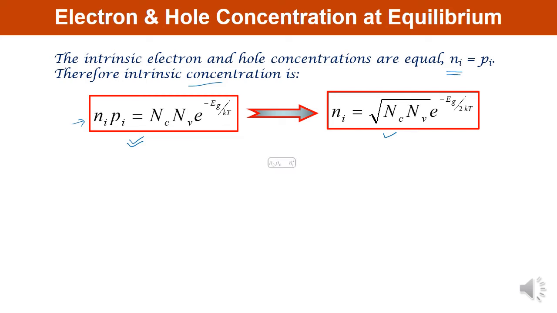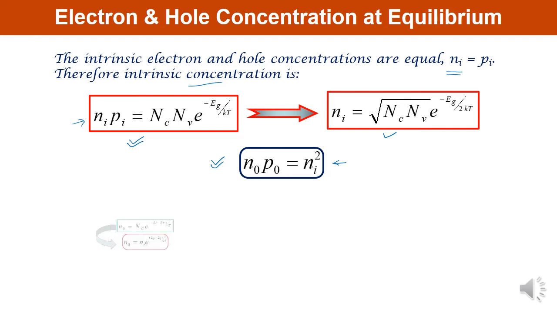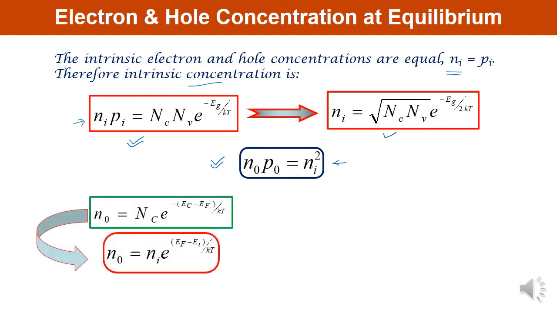At the same time, you know that n naught into p naught at equilibrium, this product term is equal to Ni square. So how to write down the n naught and p naught? n naught will be what? It is Nc, which is the density of the electrons in the conduction band, e raised to the power minus (Ec minus Ef) upon kT.